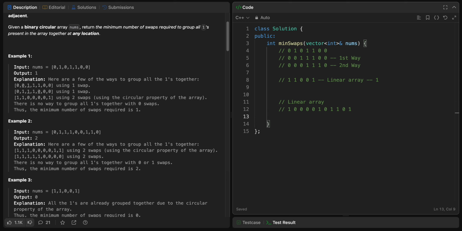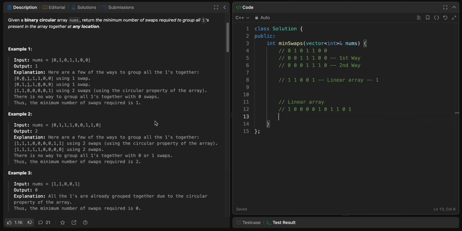This is the array given to us. Here we need to group all the ones together. So the final window, or segment, will contain the total number of ones: 1, 2, 3, 4, 5. So finally, all 5 ones should be grouped together, right?